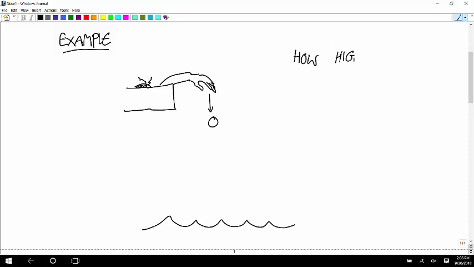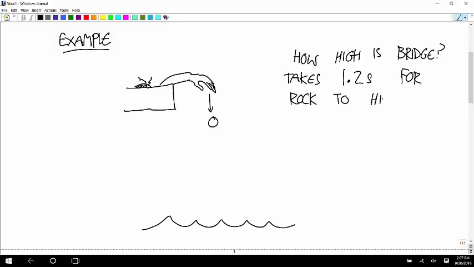So how high is this bridge? All we know is that it takes 1.2 seconds for the rock to hit the water after it's dropped.